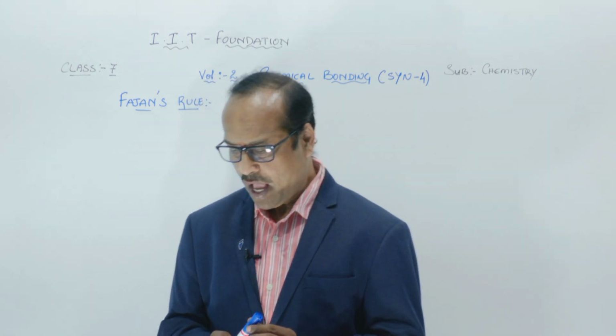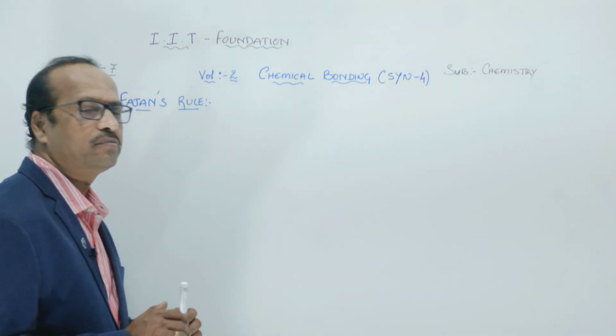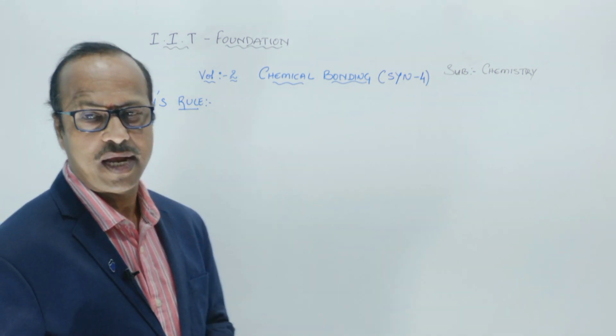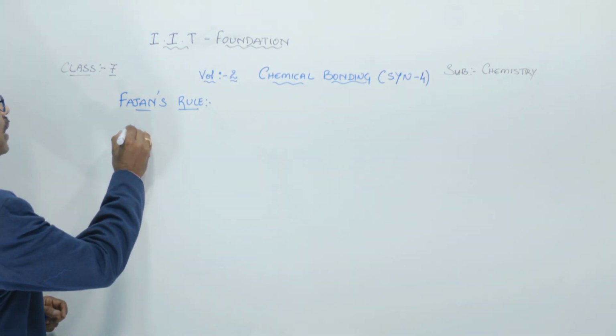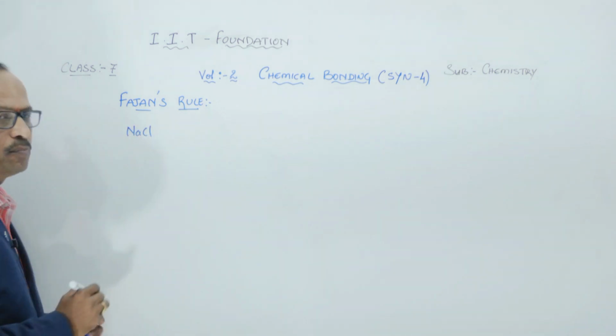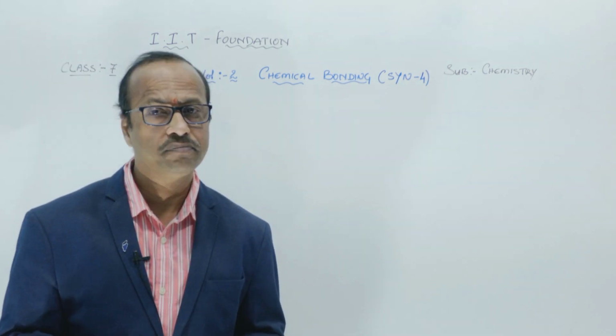Now, for example, I'll take two compounds. First, sodium chloride, NaCl. Is it an ionic compound or covalent compound?